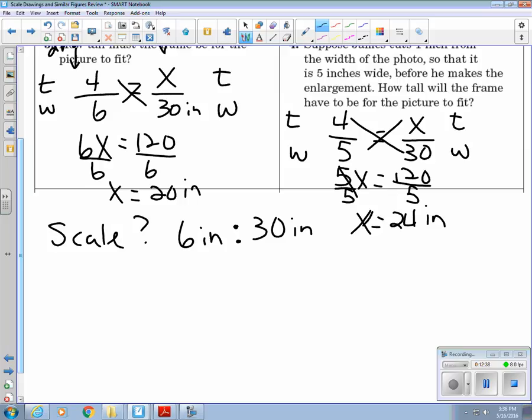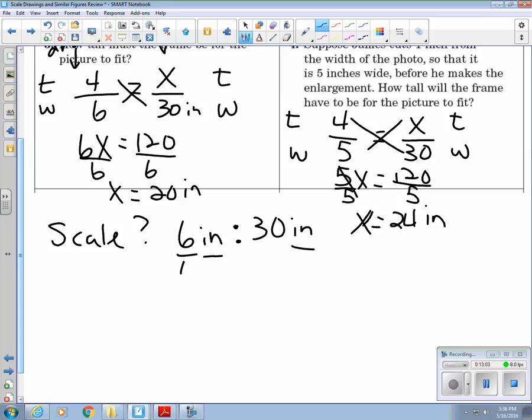When I look at this, I see that inches and inches are the same unit. So in essence, I'm not really finding scale, I'm finding scale factor, because scale factor means the units are going to be the same. All right, so you might be asked to find the scale of this, but what we're really asking is the scale factor since the units are the same. So I see that I have 6 inches is worth 30 inches.